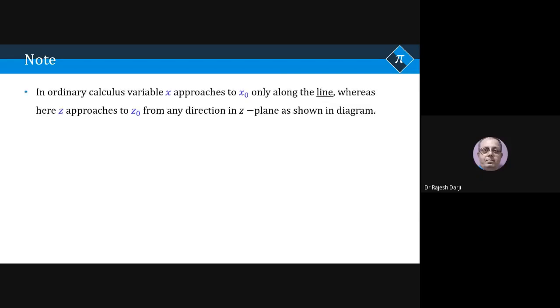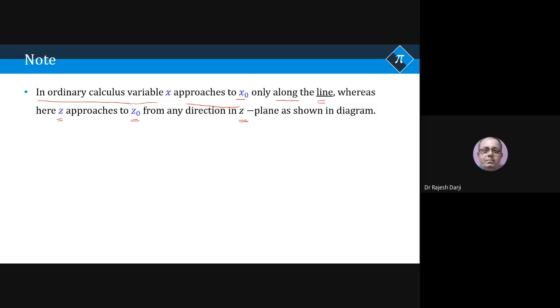Now, with this, remember one important note in case of limits. Look at this. In ordinary calculus, for a function of one variable, x approaches x0 only along the line, whereas here z approaches Z0 from any direction of the Z plane. What do I want to say?